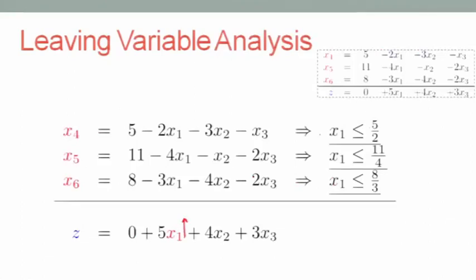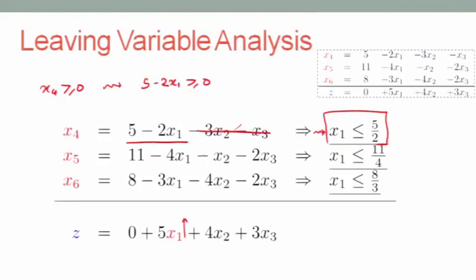You can keep increasing x1 and x4 is happy as long as x1 is less than or equal to 5 by 2. Why is that? So you say x4 greater than or equal to 0. In other words, you say 5 minus 2x1 greater than or equal to 0. Remember, these guys are non-participants because these are just 0. Okay, and therefore, what you have is x1 less than or equal to 5 by 2, which is the constraint you obtain here.